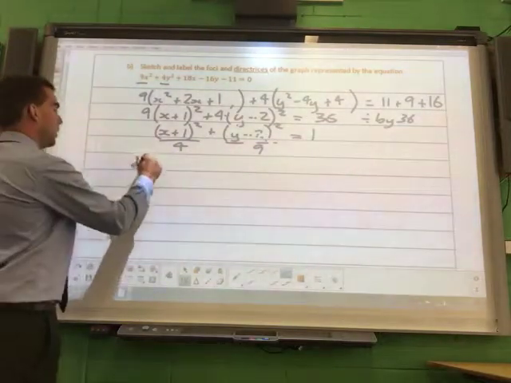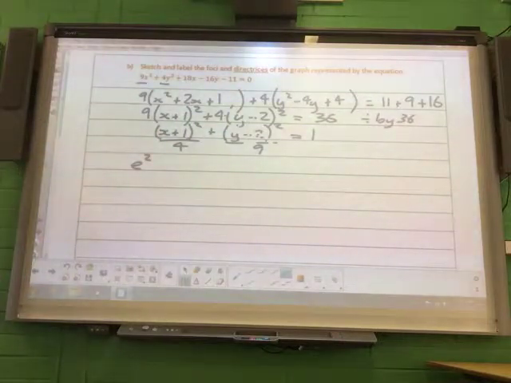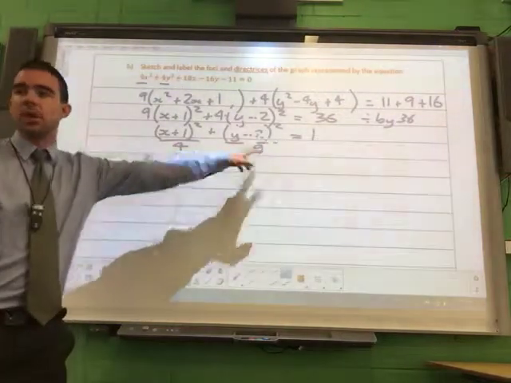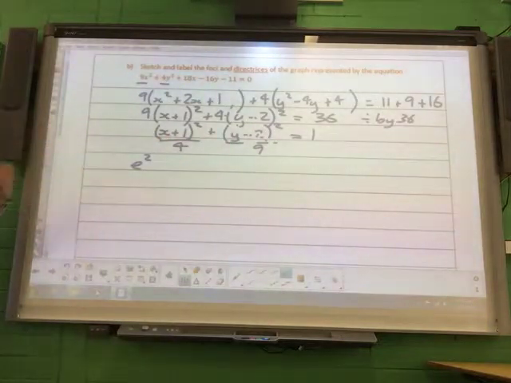So e squared. Now what do you notice about the values for a and b? Yep, but in relation to each other. Well, b now is bigger than a. So 9 is bigger than 4, so technically 3 is bigger than 2.